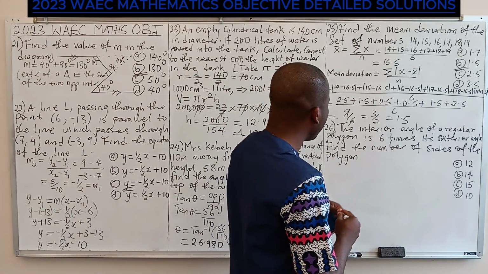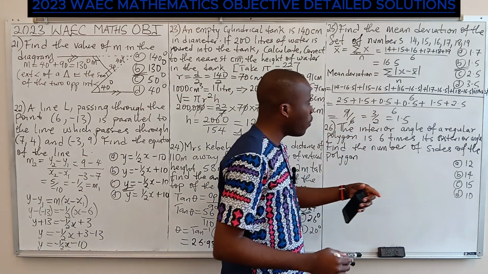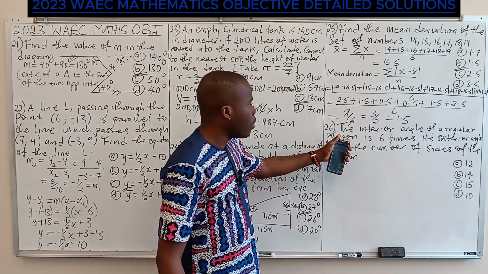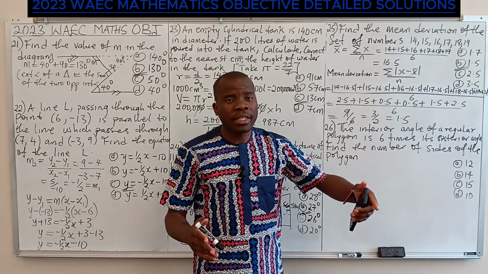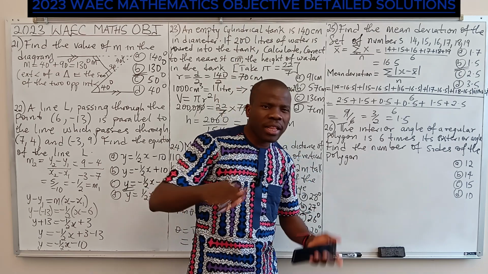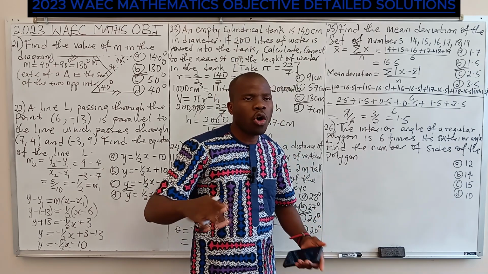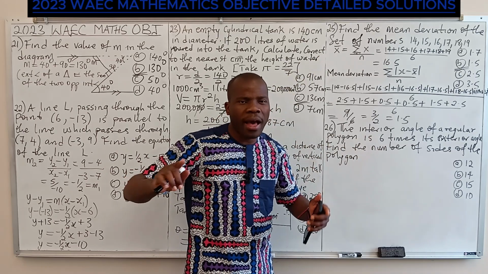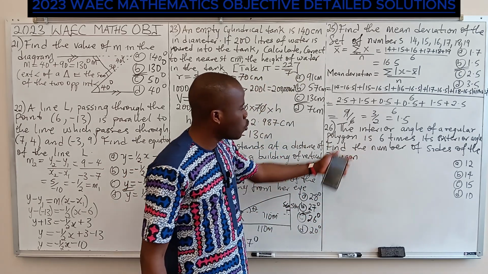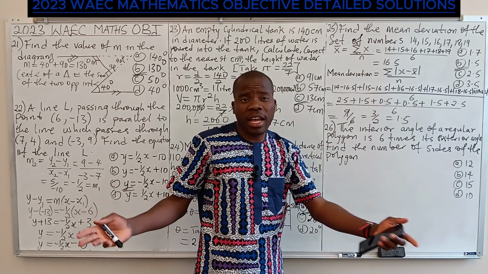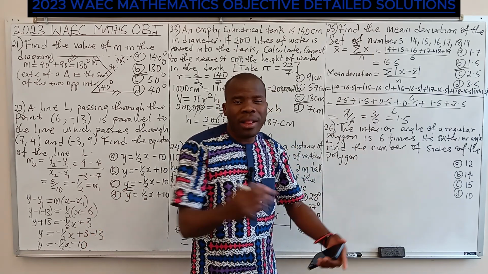Question 26 says, the interior angle of a regular polygon. By a regular polygon, it means a plane shape that is bounded by straight lines in which all the lines are equal and all the angles are equal. That's what we mean by regular. So for a triangle, that will be an equilateral triangle.